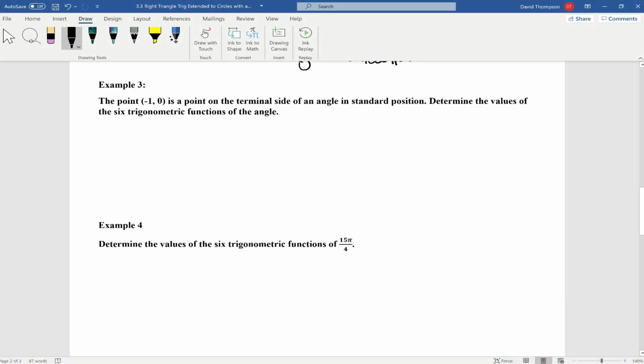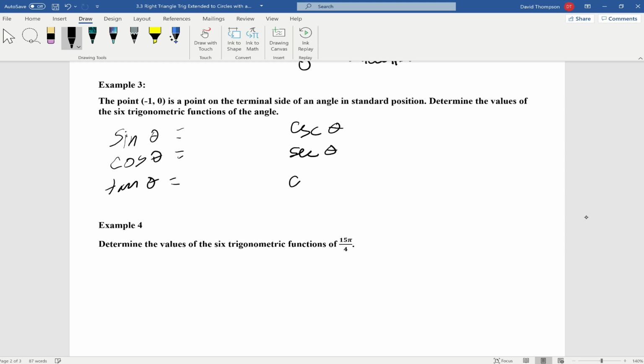Example 3. The point (-1, 0) is a point on the terminal side of an angle in standard position. Determine the values of the 6 trigonometric functions of the angle. So we're going to find sine of theta, cosine of theta, tangent of theta, cosecant of theta, secant of theta, and cotangent of theta.